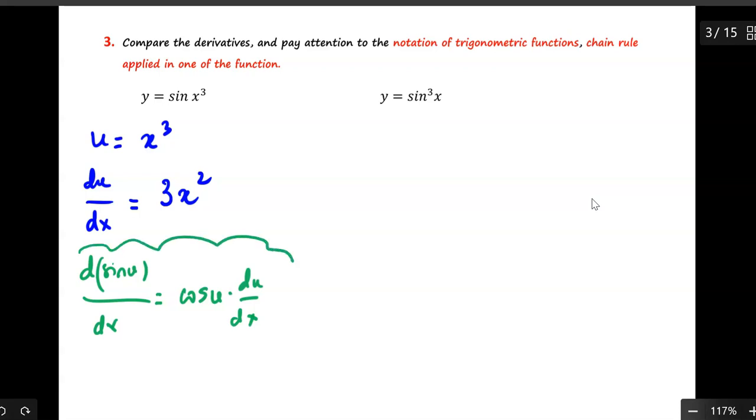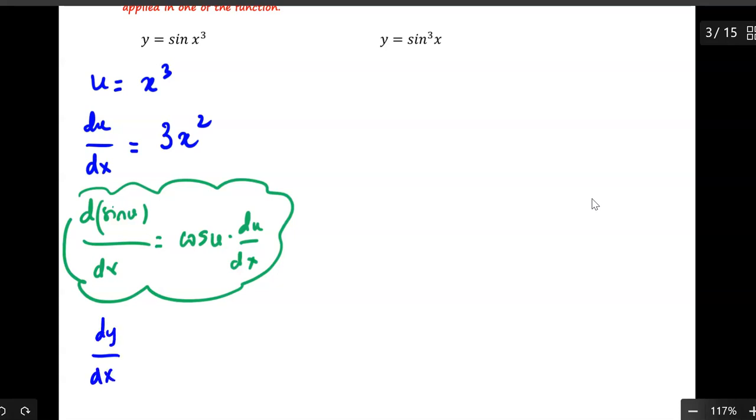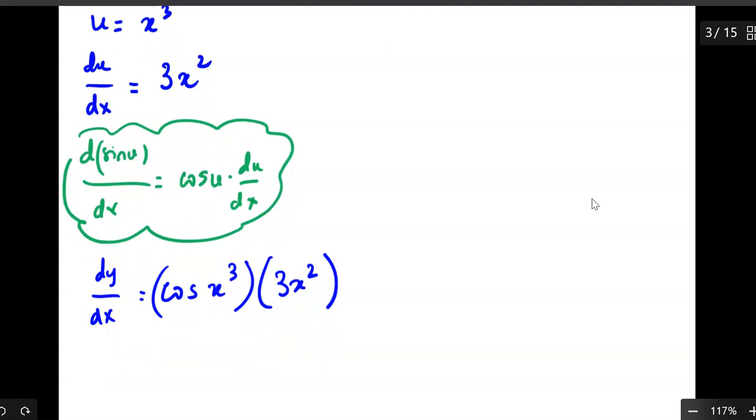So this is what I have to apply. So in the end my dy over dx will be equal to derivative of sine is cos, so I put cos of x to the exponent 3. Then I multiply this whole thing by 3x squared because I multiply by du over dx. So dy over dx equal to 3x squared times cos of x to the exponent 3 as a final result.